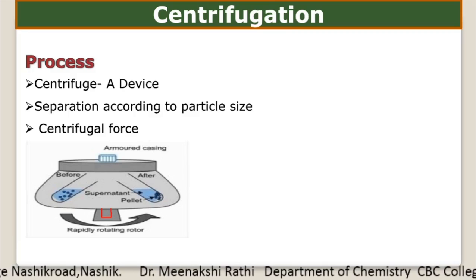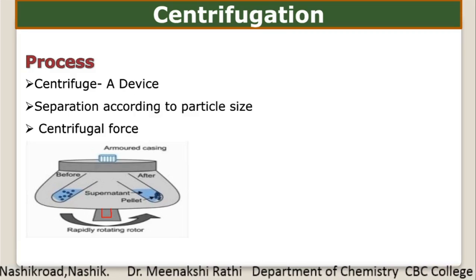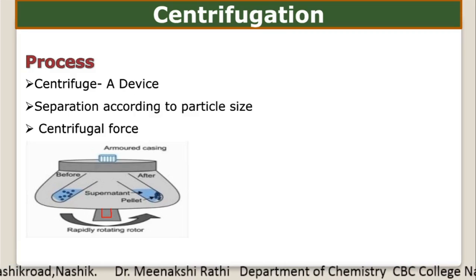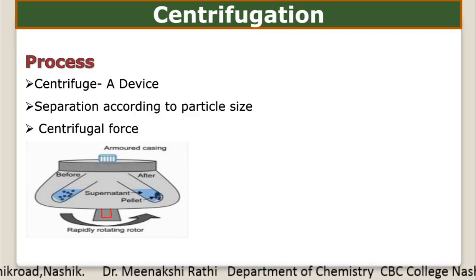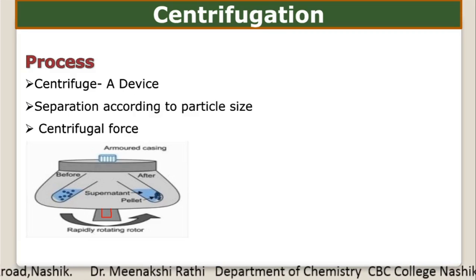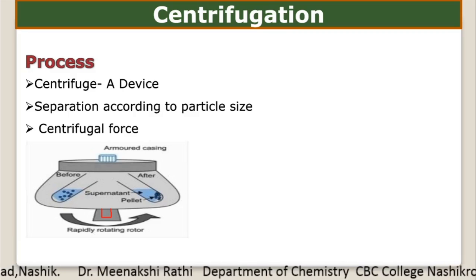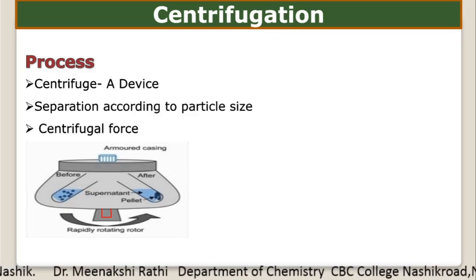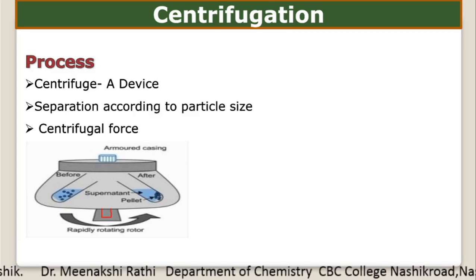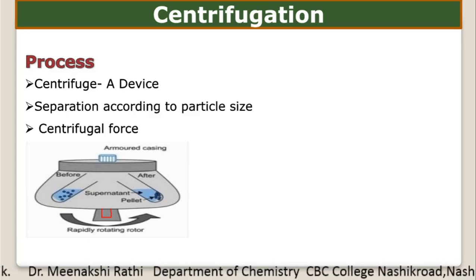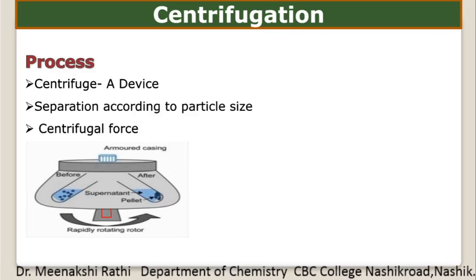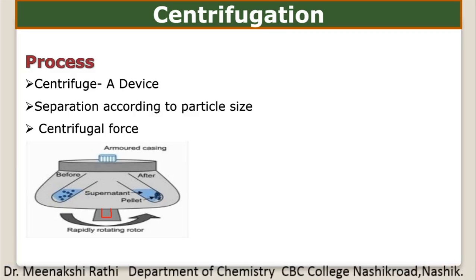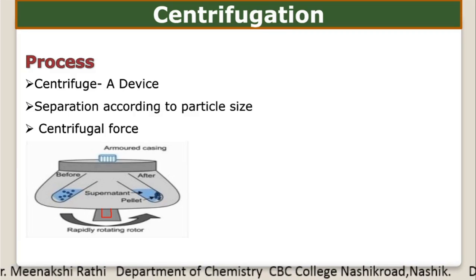It rotates so fast that its rotations are 1000 rotations per minute, meaning it can rotate at 1200 RPM. And at the same time, when there is a rotation, some centrifugal force is applied. Because of that centrifugal force, separation of molecules starts.